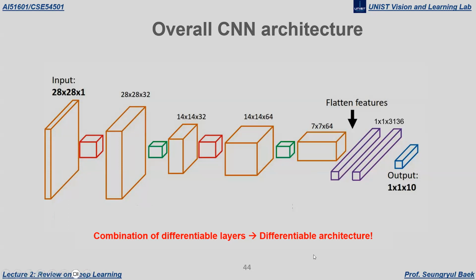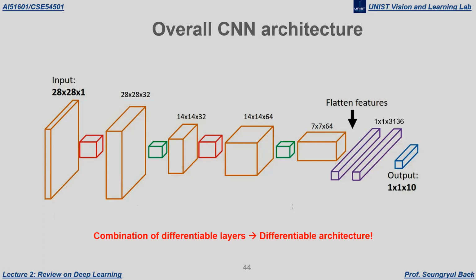This is actually similar to a multi-layer perceptron, and you will eventually make it a 1 by 1 by 10 dimensional vector. This dimension can be varied according to your application.